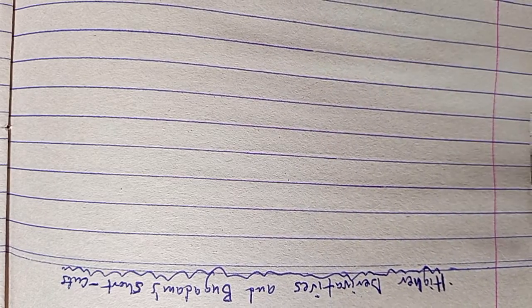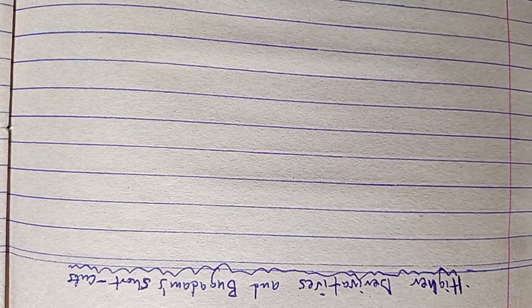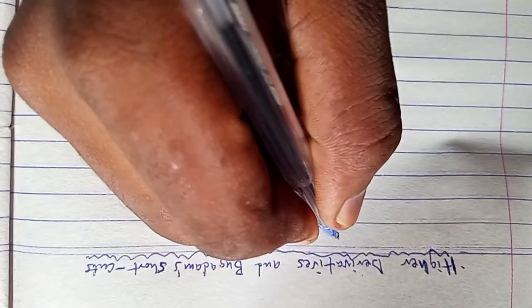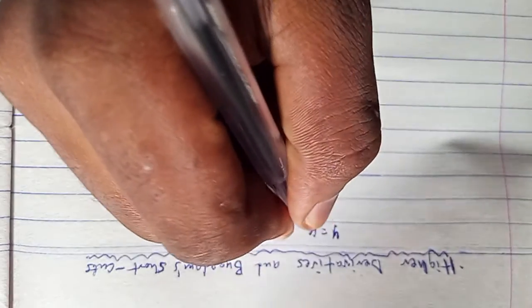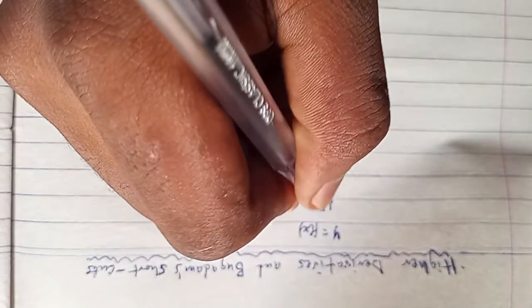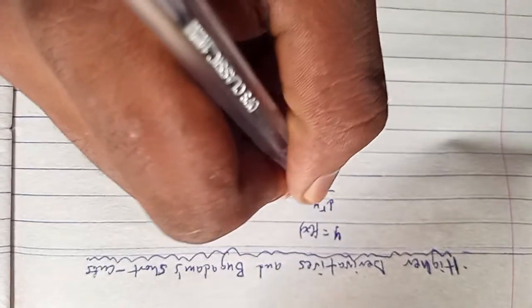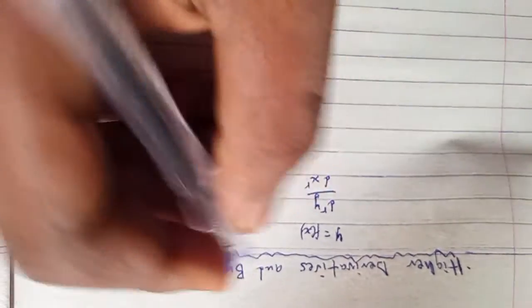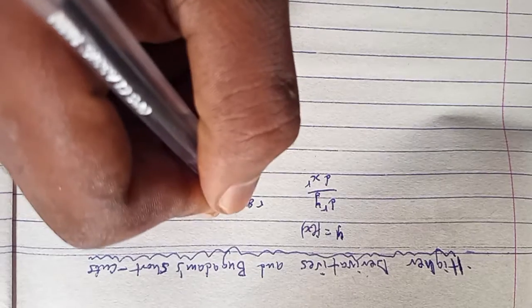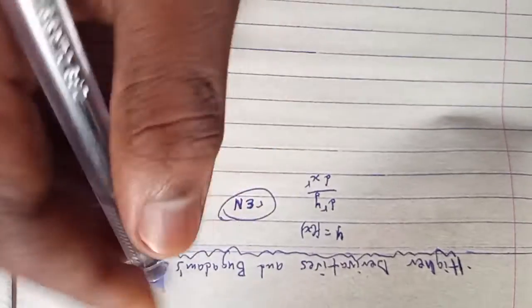Let's start so that you get to know what a higher derivative is. When we have a function y is equal to f of x, then the higher derivative of this particular function will be d^r y over dx^r, where r is a member of the natural numbers. Why am I saying it's a member of natural numbers?